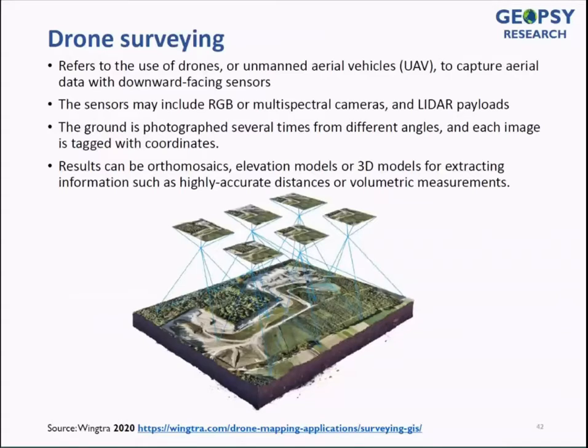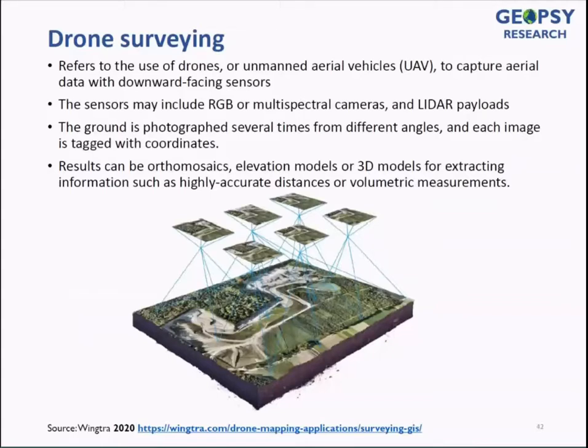Because they can fly closer to the surface, they can capture information at very high resolution. And when they capture information at very high resolution, then this gives us information that we can use for very detailed analysis. For example, if you are a surveyor and you need to survey a road from one city to the next, traditionally, surveyors will just walk on a daily basis, covering distance from one place to the next.